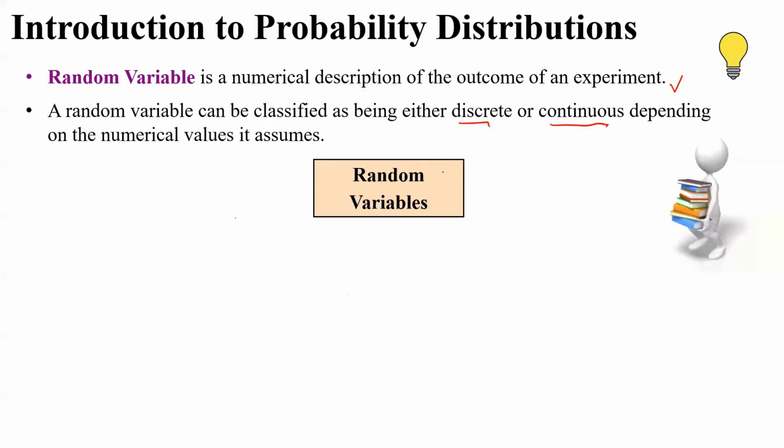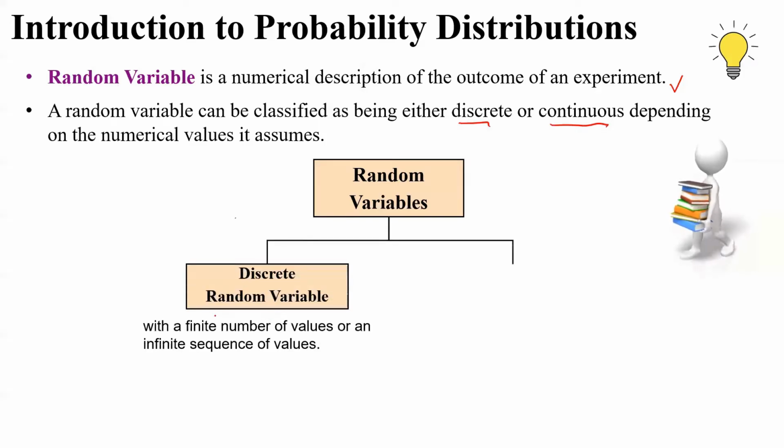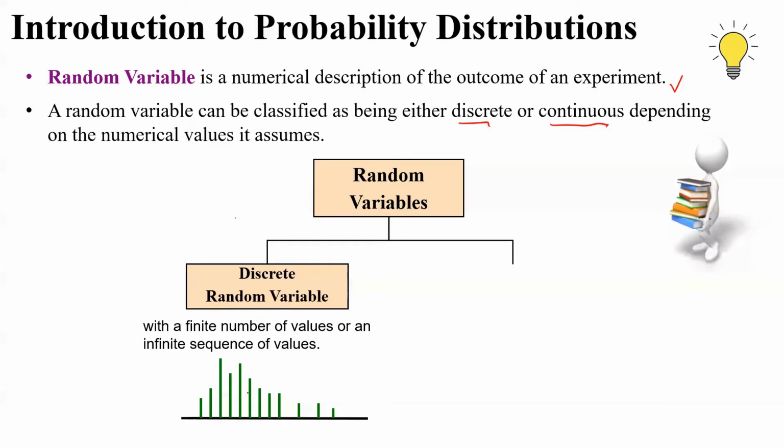Okay, random variables, as I just mentioned, are classified into two groups. One is the discrete random variable, which has a finite number of values or an infinite sequence of values. If you represent a discrete random variable, we can use a histogram or a bar chart to show the frequency values for each class.